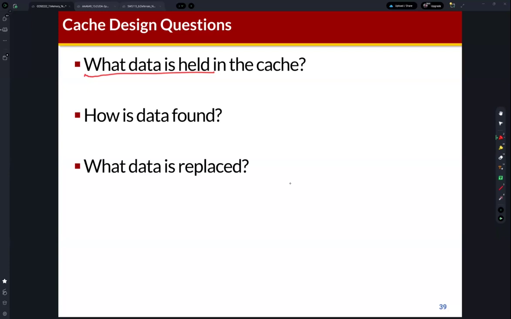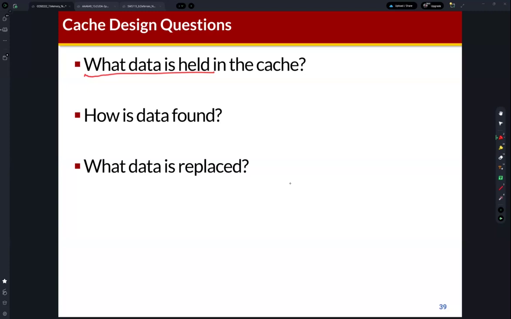Then what is data locality? Data locality represents frequently used data. If a data is used once, then this data can be used again in the near future.